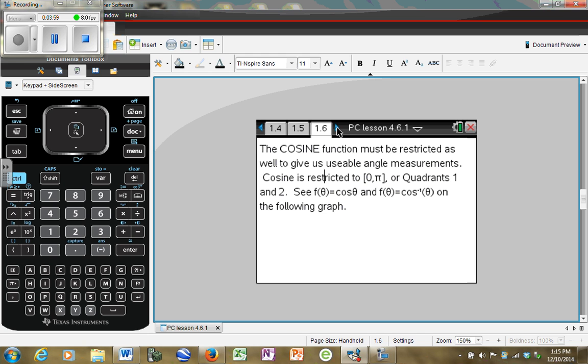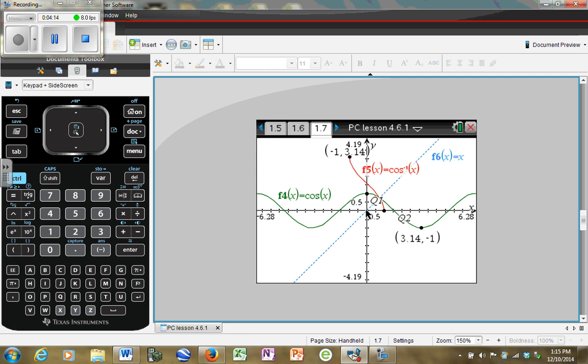Cosine is very similar to that, except that cosine is restricted to 0 to pi, or quadrants 1 and 2. The reason for that is the same as it was for sine. It's so that the inverse doesn't loop back on itself and create a problem for us for finding inverses. So here we have our normal cosine in green. We have our inverse, restricted range. Flip-flop it.